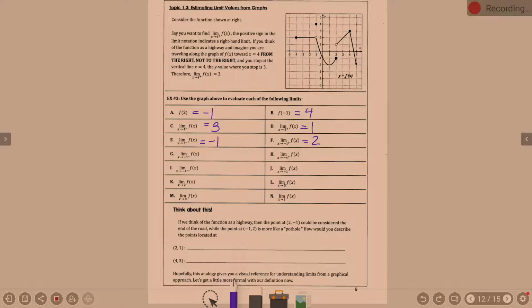Talk to me if we're not here. So that was as we approach -1 from the right, we're approaching this y value. Okay, what are we doing now? -1 from the left. So as we hop on the graph from the left, and as we get closer to -1, what y value is that? 2 again.